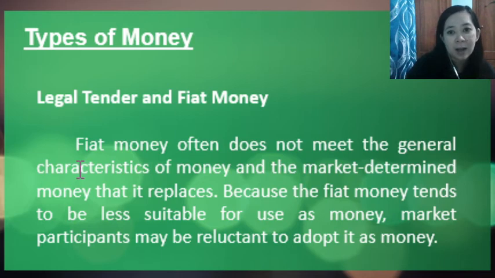Legal tender is basically based on legal tender law, and fiat money can also be a mandate, but it has a different feature than that of the medium of exchange that we know to be acceptable. So that's the difference between them.